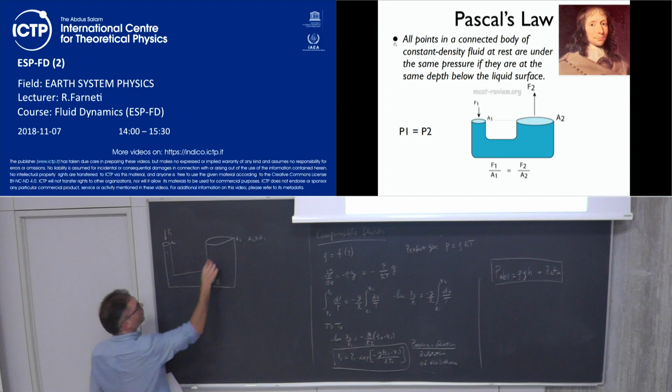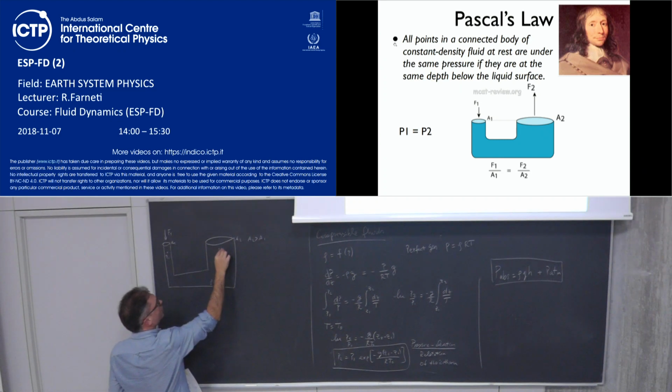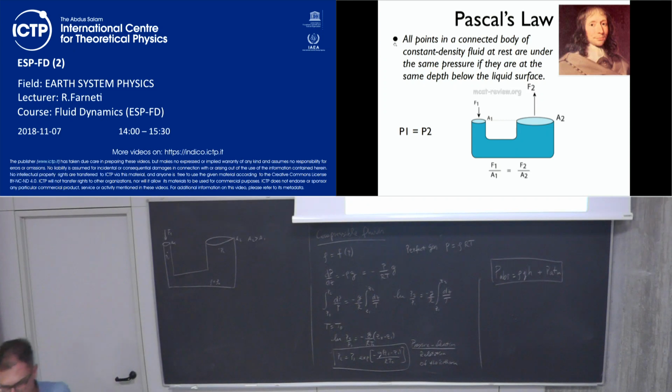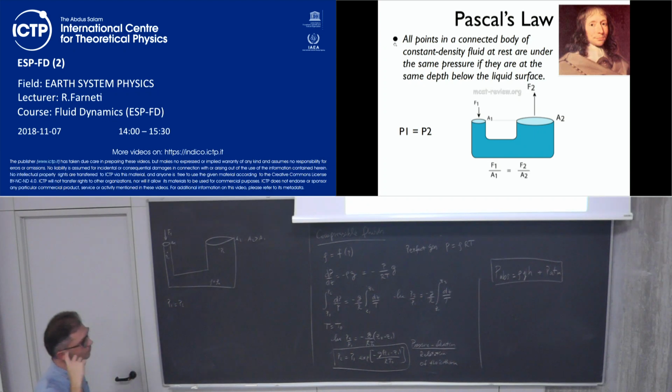Okay, so at the same depth, we have a pressure P1 and a pressure P2. And in static conditions, this P1 must be equal to P2. Density is constant, very static conditions. Pressure is still the same.